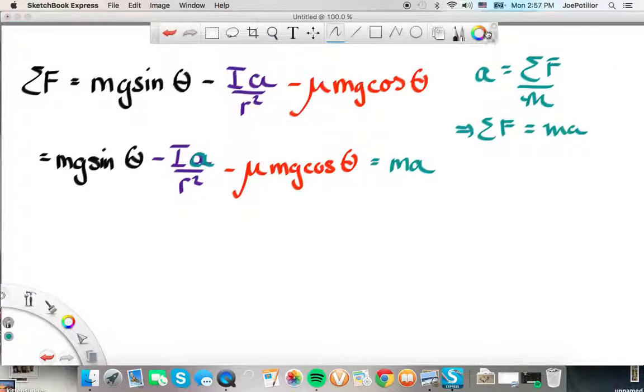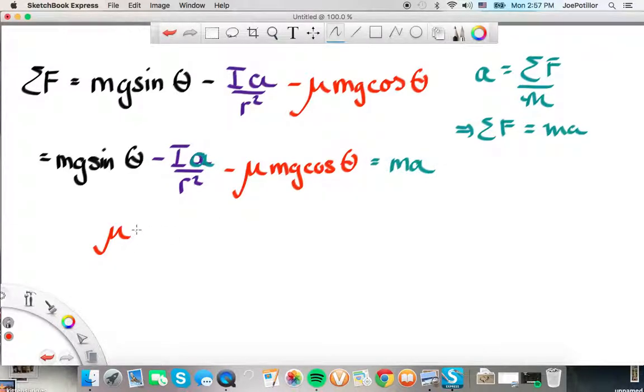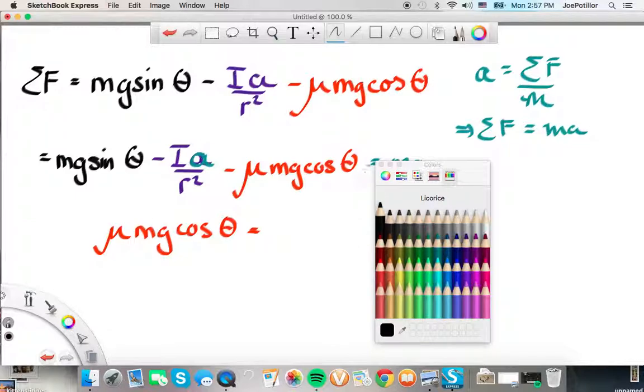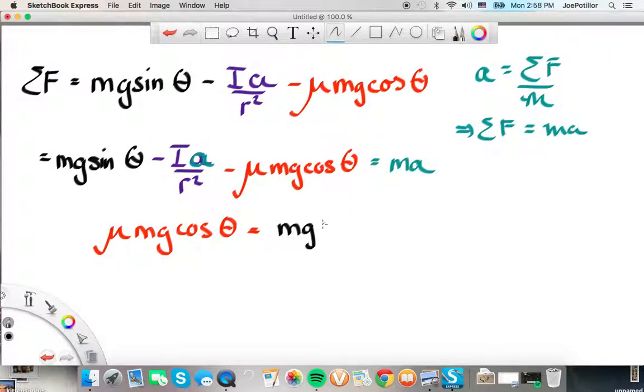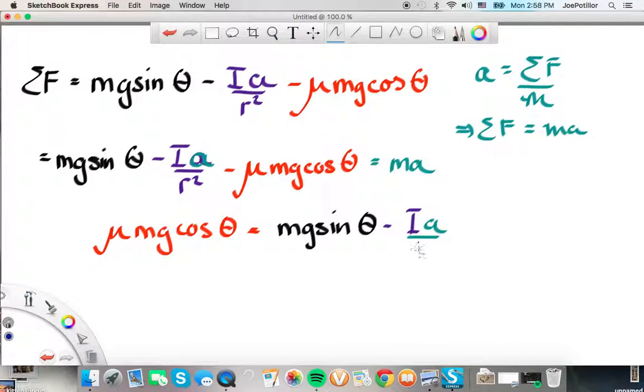So we have mu mg cosine theta equals mg sine of theta minus I times a over r squared, minus ma.